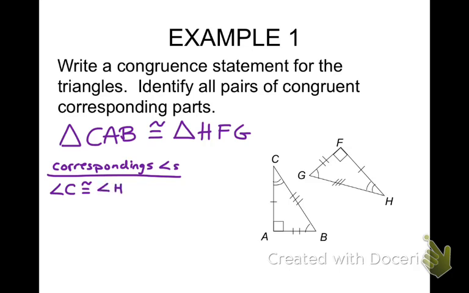Notice that C and H are the first letters of both of my triangle names. If I look over at the diagram, C and H have the same markings inside of them. What would be congruent with angle A? F. Notice they are both the right angles, and A is the middle letter here, F is the middle letter there. And B would be congruent with G. Good. Angle B is congruent to angle G. Do I have all angles? Yes. So now let's do corresponding sides.